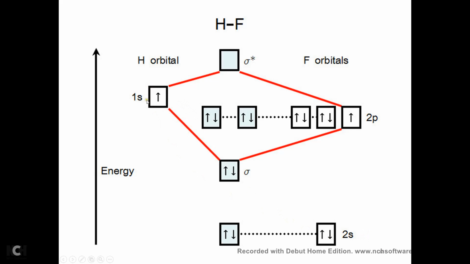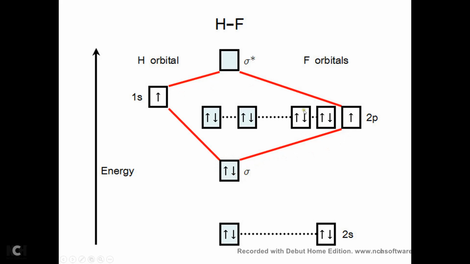So this 1s is more likely to interact with the 2pz orbital from fluorine. They can form a sigma bonding orbital and a sigma star anti-bonding orbital. We have one electron here. Together, they occupy the lower energy orbital.